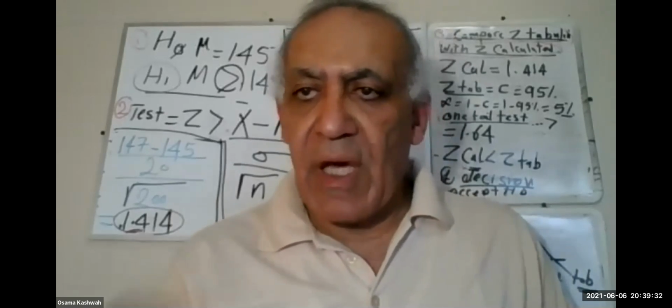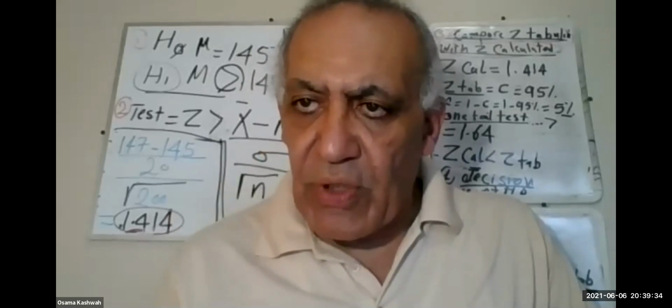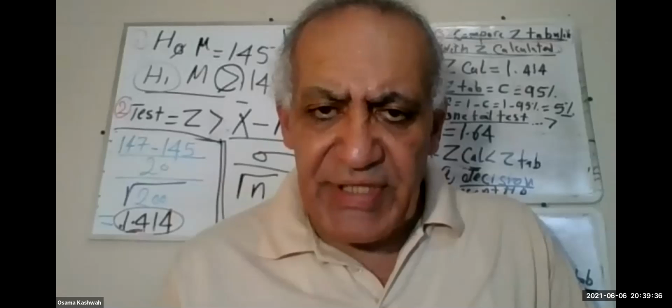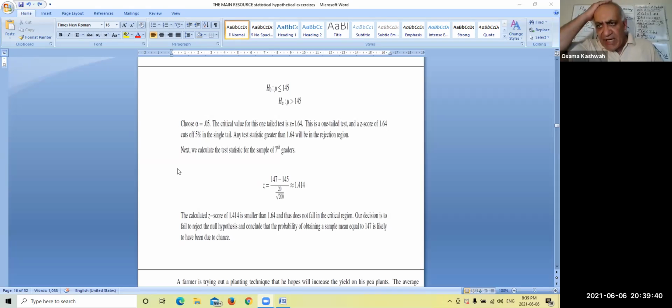Okay. And if I show you also how to interpret, simply you can say that we will accept H0, because it is not in the critical area. That's what you will say. So like here, 1.4 is smaller than 1.64, and thus does not fall in the critical area.